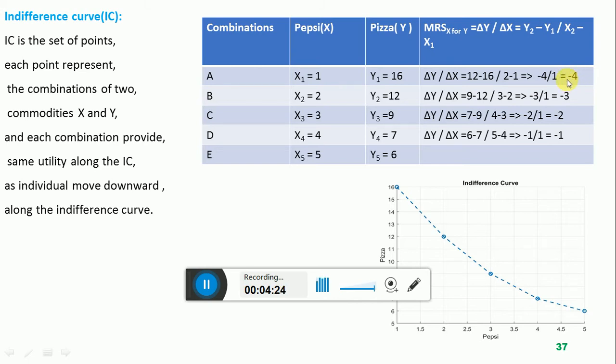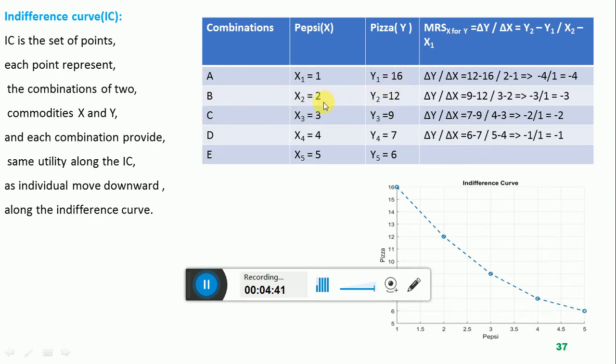And 4 is the rate of replacement. For 1 extra Pepsi, the football player will sacrifice 4 pizzas. So he will switch to the second combination, 2 Pepsi and 12 pizzas.